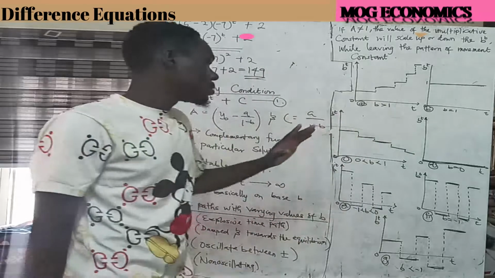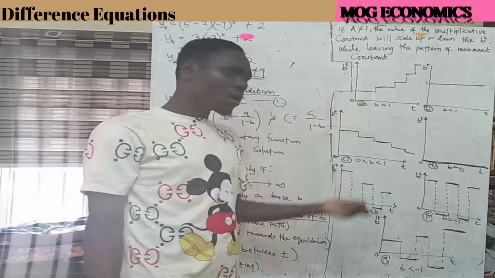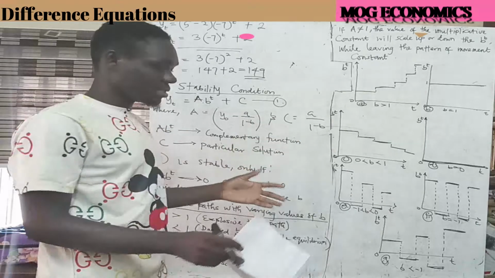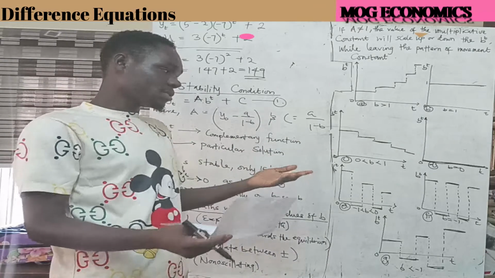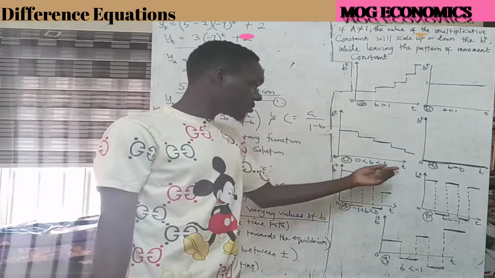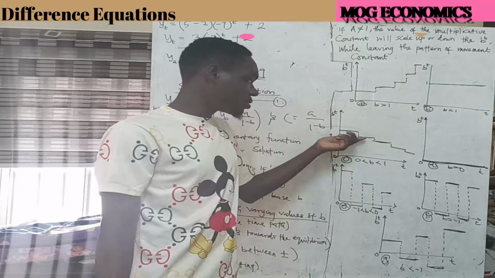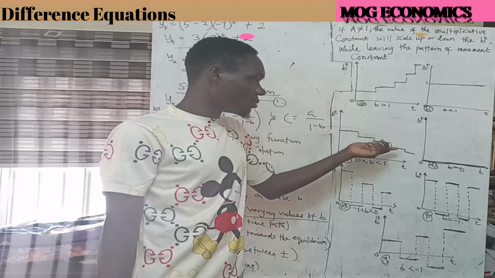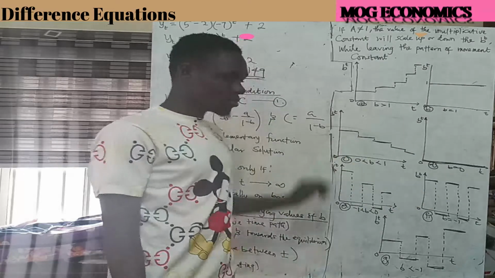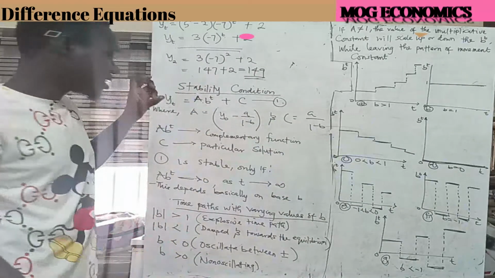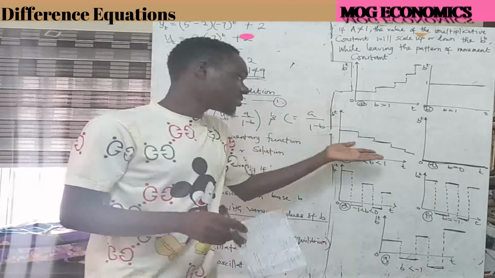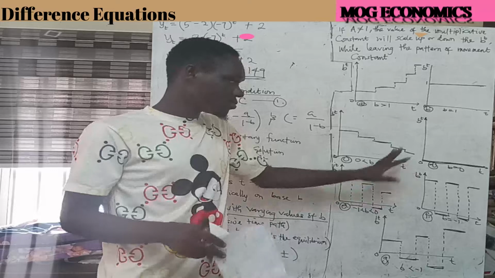So for this other one, in a situation whereby the b value is between 0 and 1, that is, greater than 0 but less than 1, if you have the time path across time, what happens is it keeps decreasing, and at the same time moving away from the equilibrium state, which is the intertemporal equilibrium. You have a divergence away and away, but in this case it is decreasing.